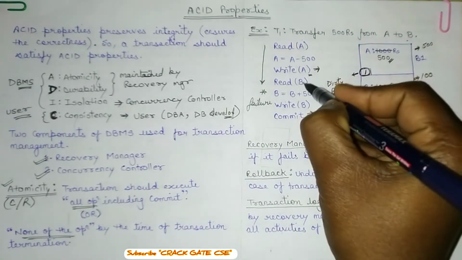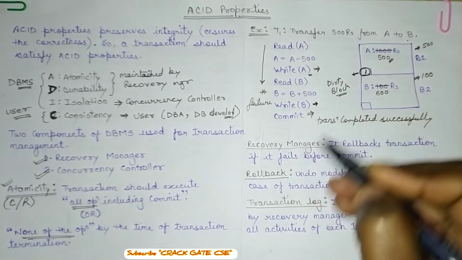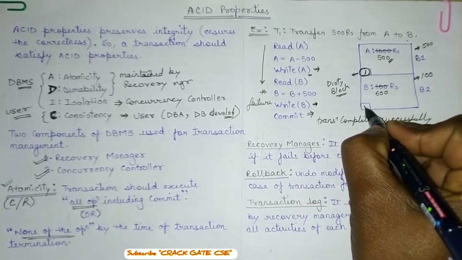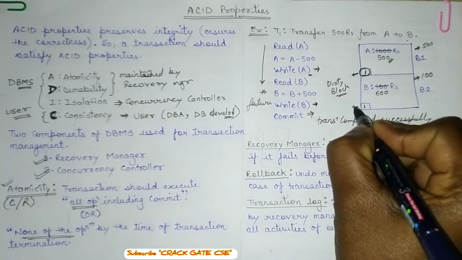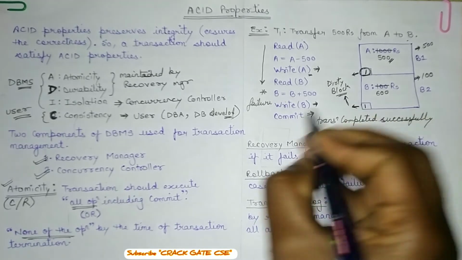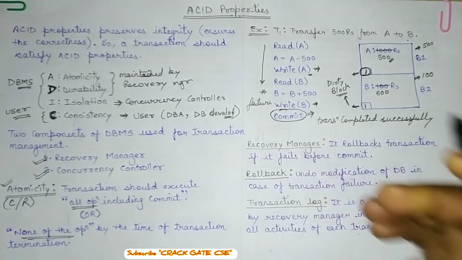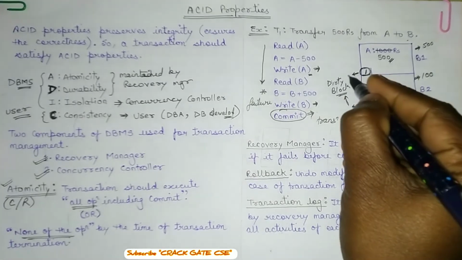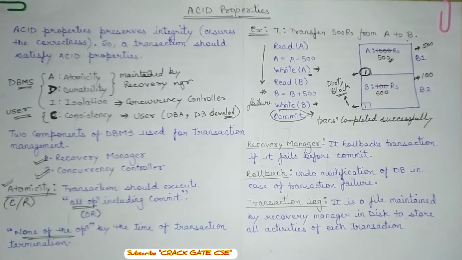Now we'll move on to B. Let us say that we write B also. When we write B, it will also be treated as a dirty block because there is no commit. If there is no commit and you have updated anything in the database in a transaction, then those are referred to as dirty blocks.